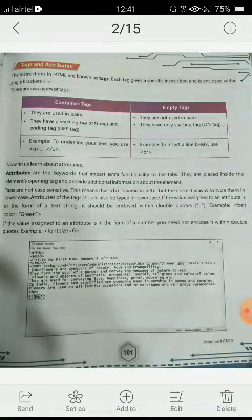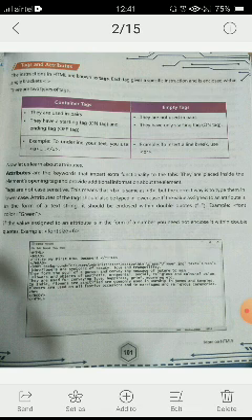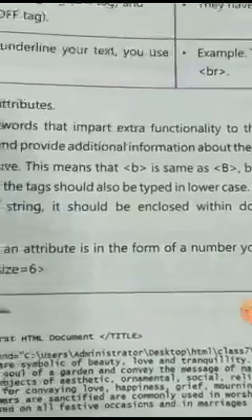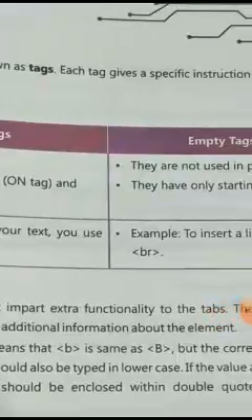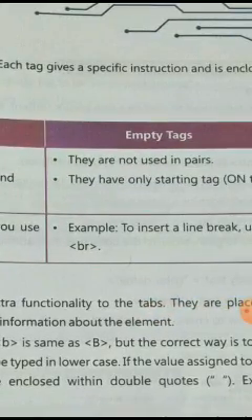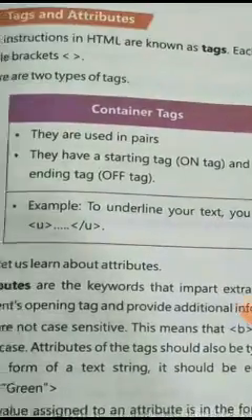Next is tags and attributes. The instructions in HTML are known as tags. Each tag gives a specific instruction and is enclosed within angle brackets. There are two types of tags, container tag and empty tag. Container tags are used in pairs, but empty tags are not used in pairs.